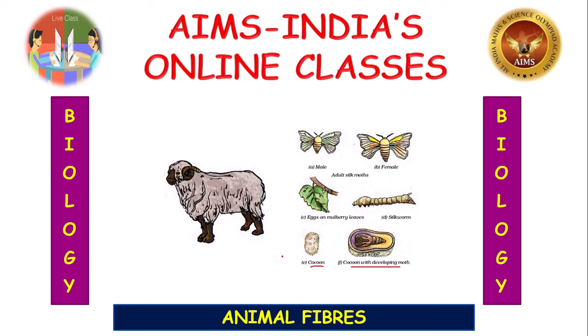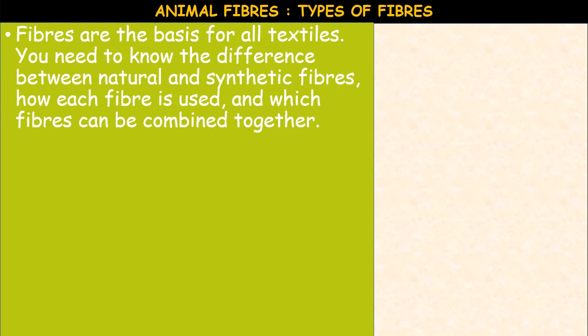These are all the new terms which we come across. Okay, let us learn more about the animal fibers. Actually this lesson we can call it as fiber to fabrics. Okay, let us proceed. Types of fibers.